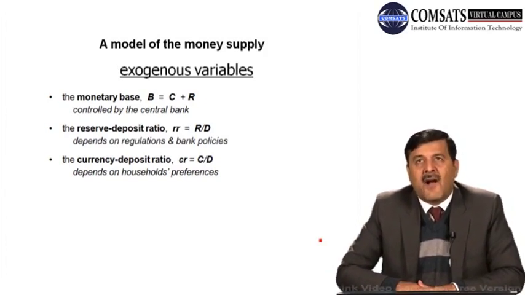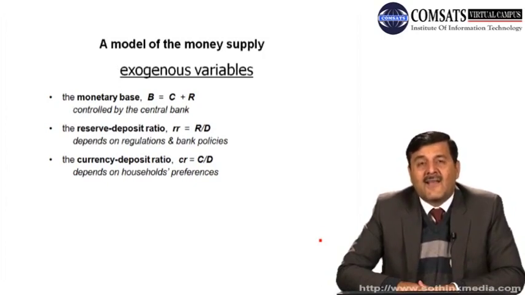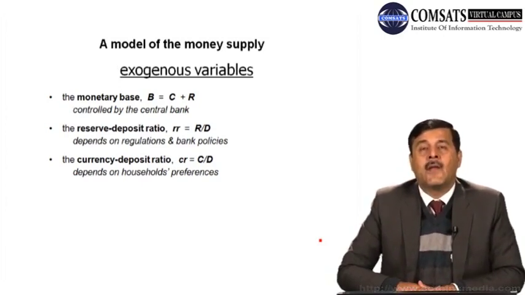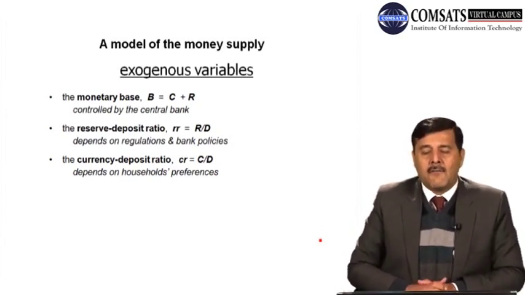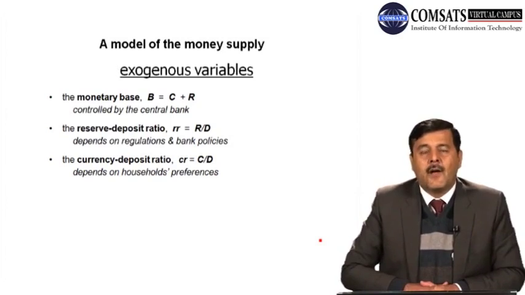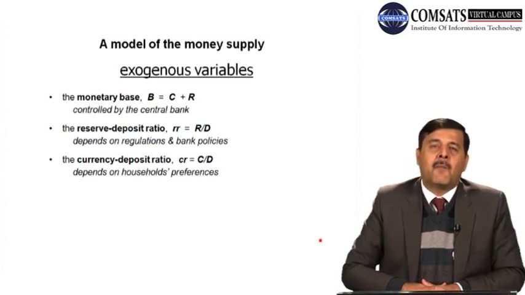Second, जिस वेरिएबल की हम बात करने जा रहे हैं in money supply model is the reserve deposit ratio, RRR, which is equal to reserves divided by demand deposits, right? If you divide the reserve with demand deposits, this will give us the required reserve deposit ratio, and it depends on the rules and regulation of the banks, right? So how much banks keep with themselves as reserves of their deposits, it varies from bank to bank.